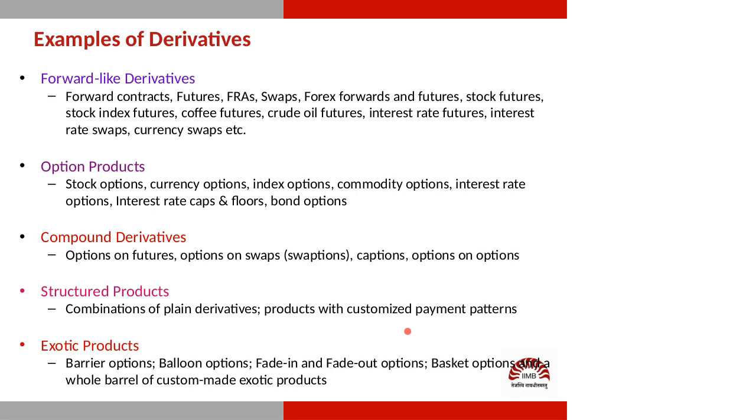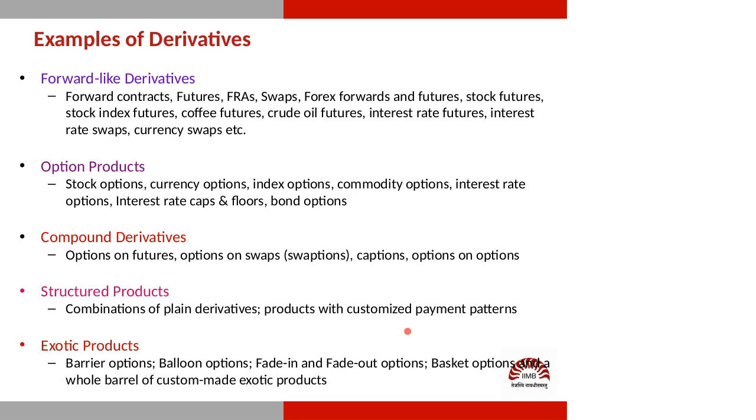So your two basic contracts are a forward-like contract, which includes forward contracts, futures contracts, and we'll define them as we go along, and your alternate is an option contract, which can again be on a host of different things, and then that's it.